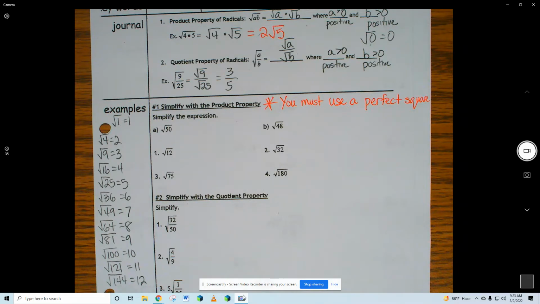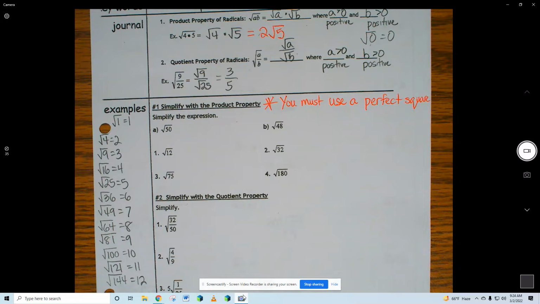I'm going to break down 50 into something smaller. I have to use a perfect square. Tell me a factor of 50 that's a perfect square. Look at this list. 4, 9, 16, 25, 36, 49, 64. Are any of these numbers that go into 50?